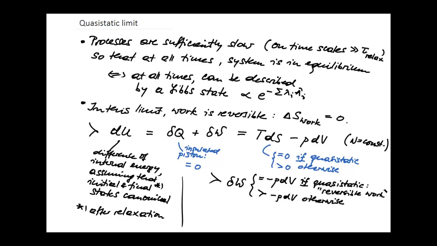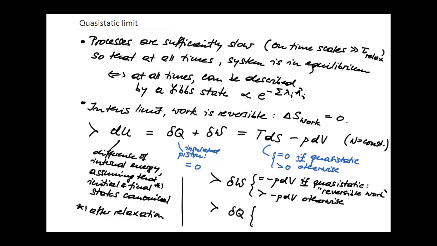Let's now generalize the situation and allow for processes where an exchange of heat is also involved. When you allow for the exchange of heat, then just as in the case of work, you have to make a distinction between quasi-static processes and other processes.